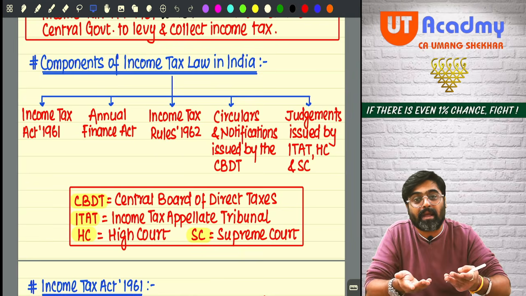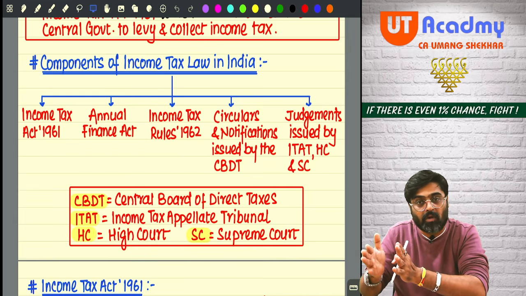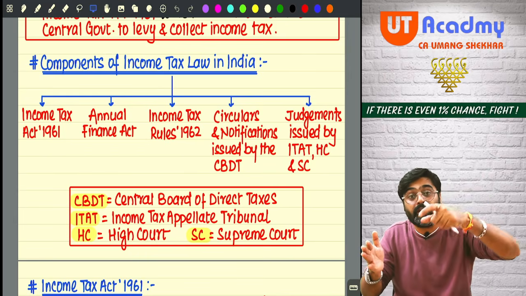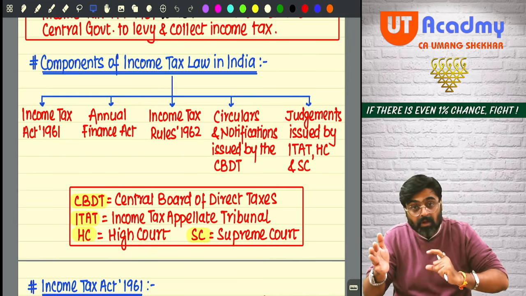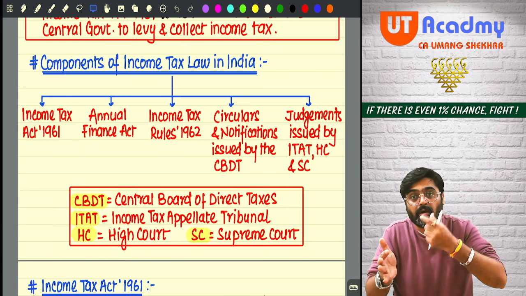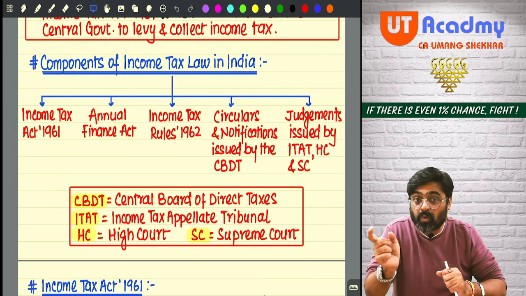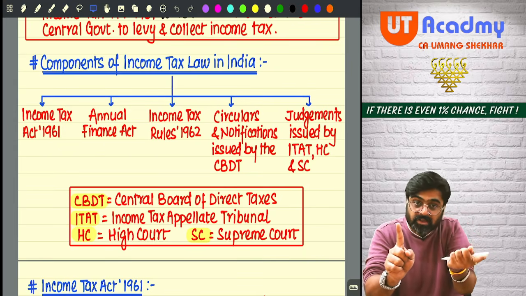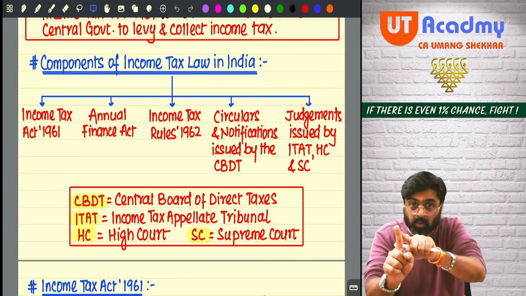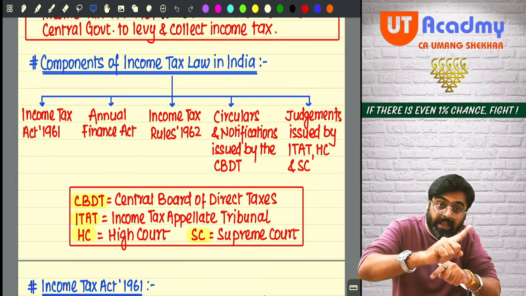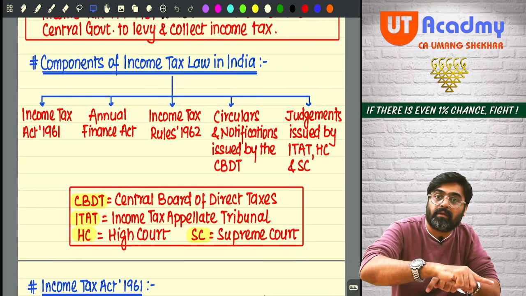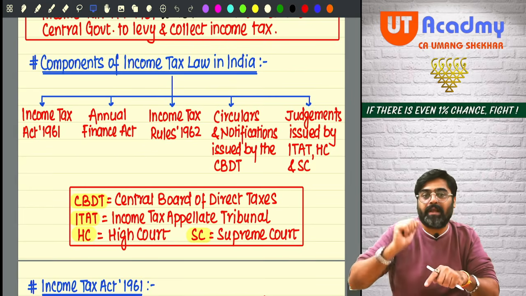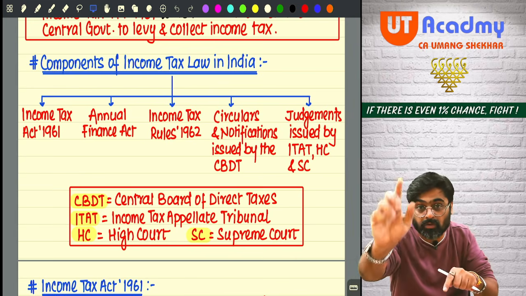But sometimes, for a provision of the Income Tax Act, there are CBDT circulars and notifications by the central government. If those circulars and notifications are applicable to a particular section and relevant for your exams, we are supposed to study those also.